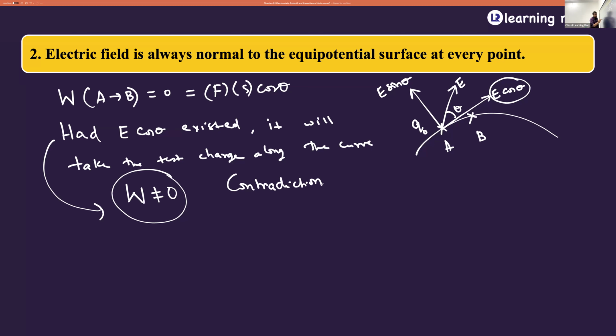So since it's a contradiction, what should happen? The E cos theta component has to be zero. The electric field can't be zero, but what can be zero? Cos theta can be zero. Then what is the value of theta? So that is the reason why the electric field is supposed to be normal to the surface.